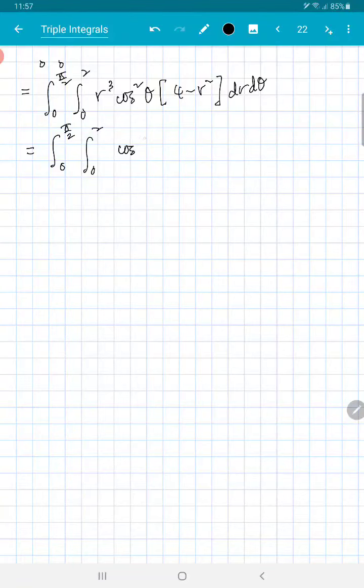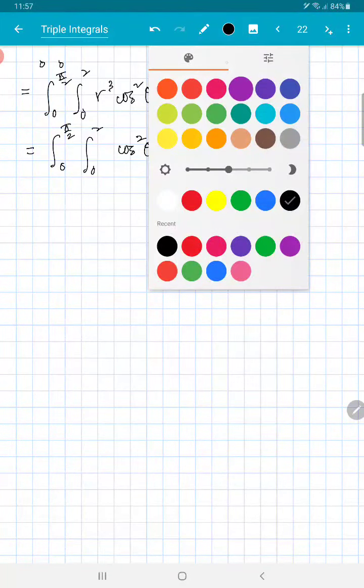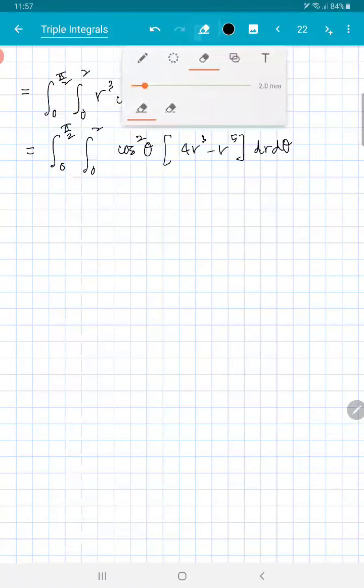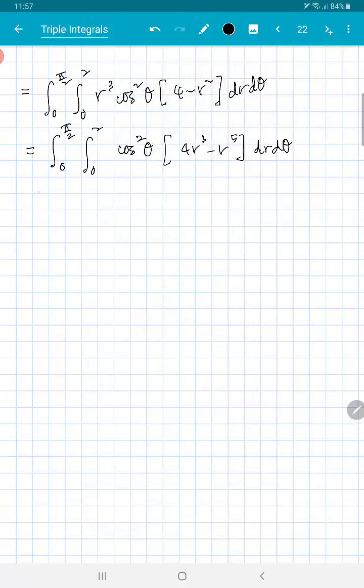I'm going to put cos squared out, and here we have 4r cubed minus r to the power of 5, dr d theta. Okay, all right, now integrate. The next is integration with respect to r.